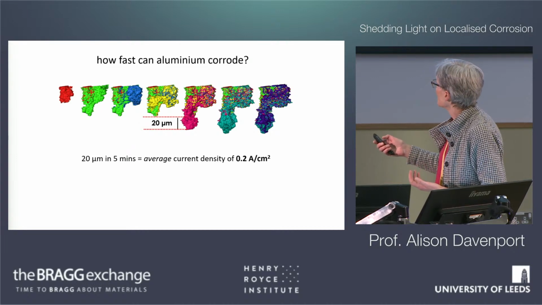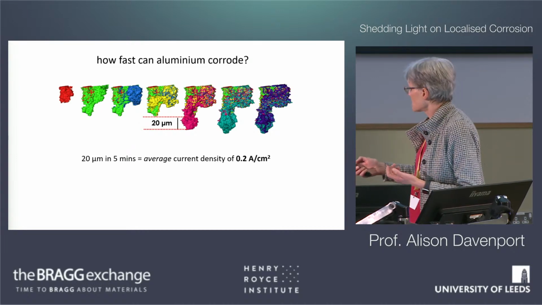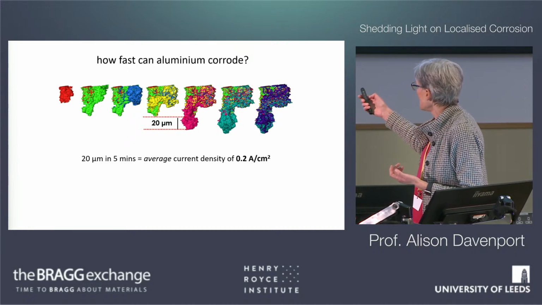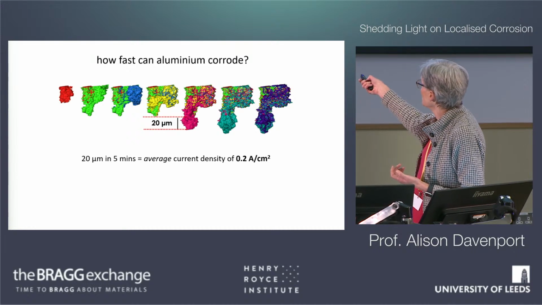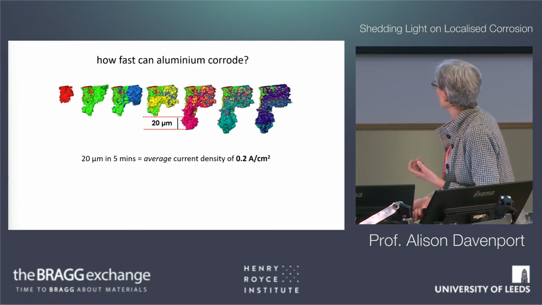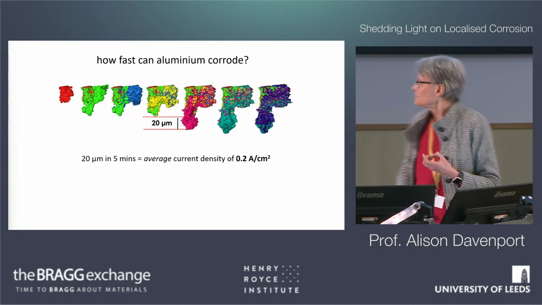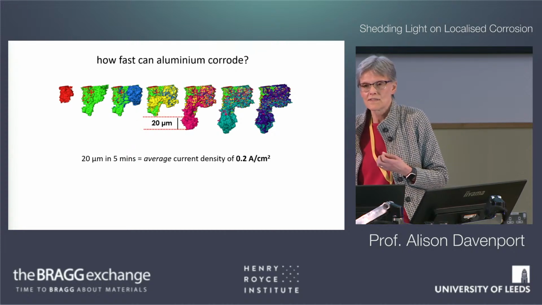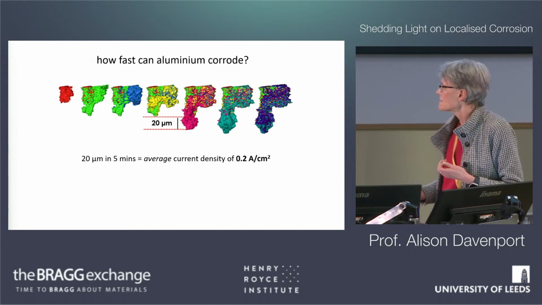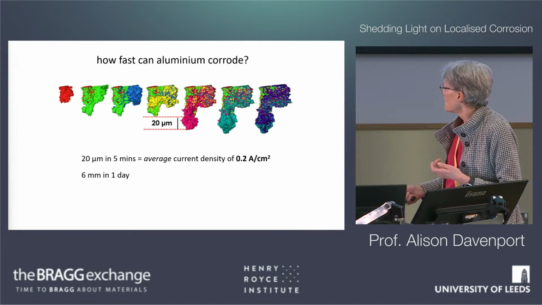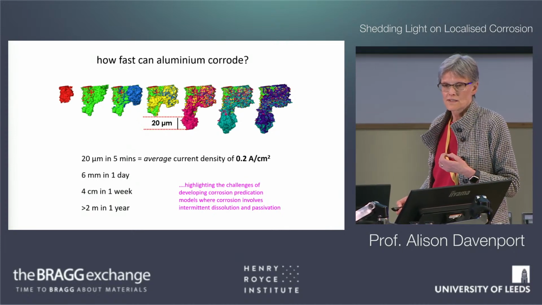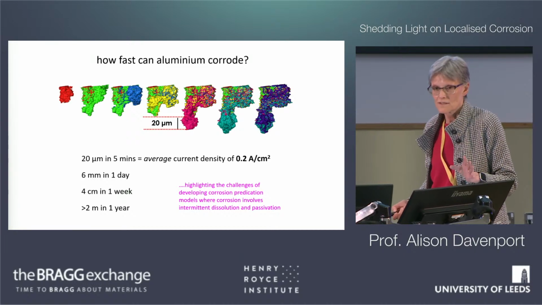We can see here that we're getting these sudden bursts, and these bursts themselves, for example, this step of 20 microns in 5 minutes, that corresponds to 0.2 amps per centimetre squared, so that's 1,000 times slower than passive film growth, but it's still fast enough that if it grew that fast for a year, it'd be 2 meters, which we would notice on an aircraft.